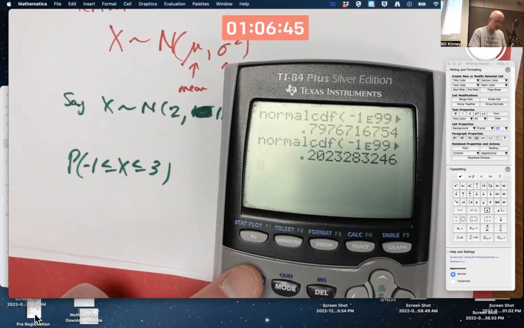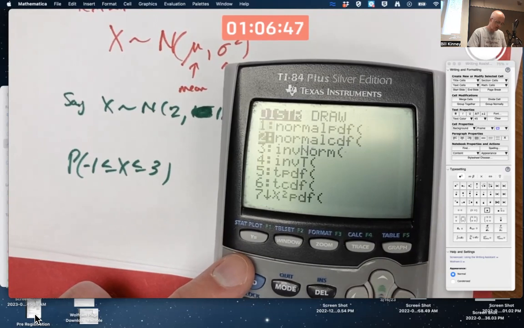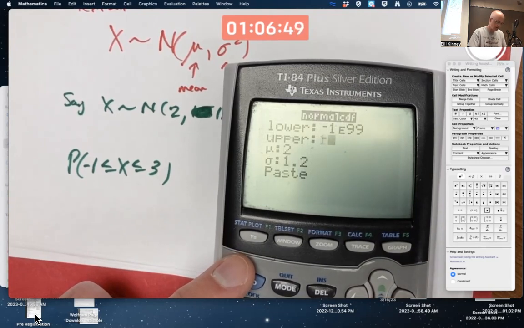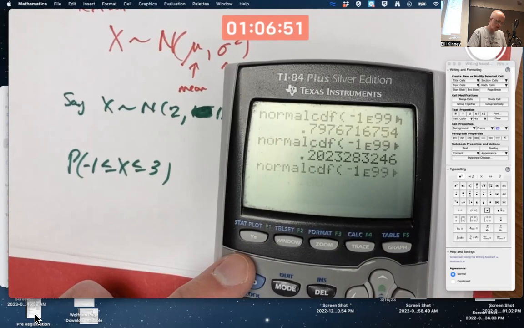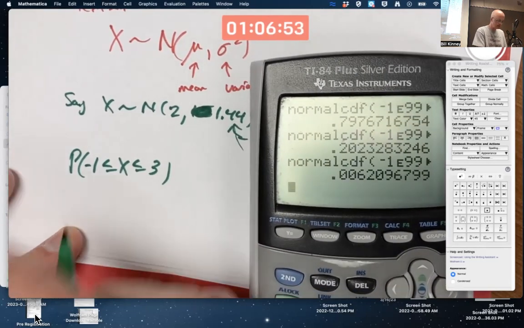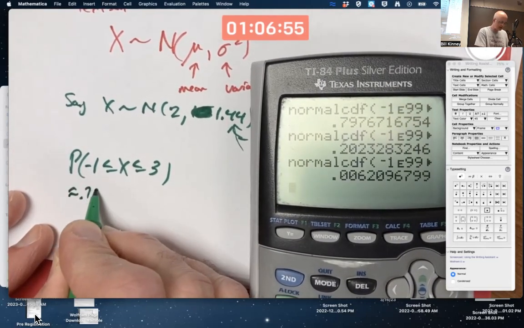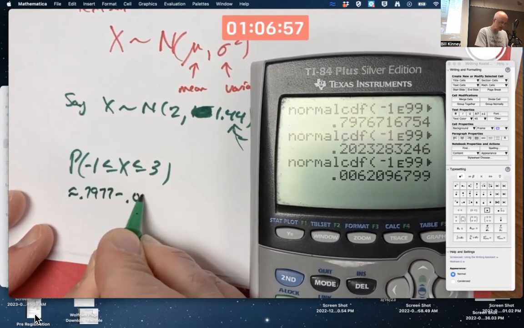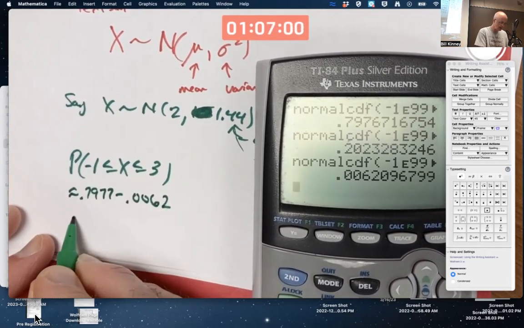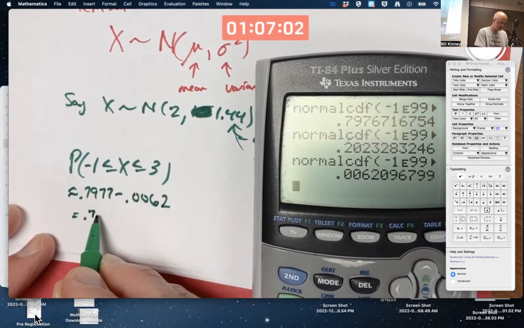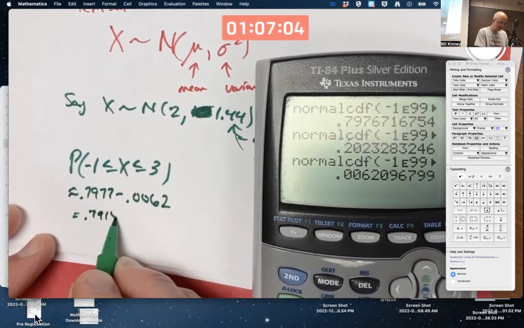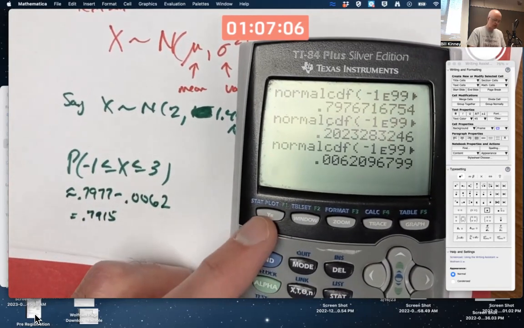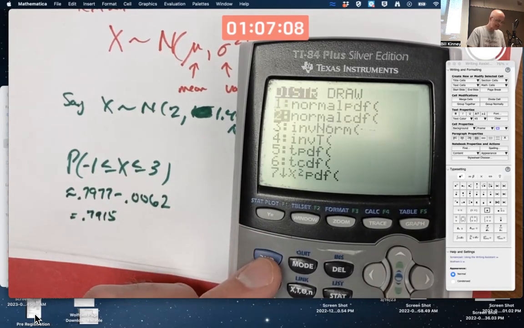I did a 1. Okay. Okay, very small. It's approximately 0.7977 minus 0.0062. Can I do that in my head? 0.7915, I think.